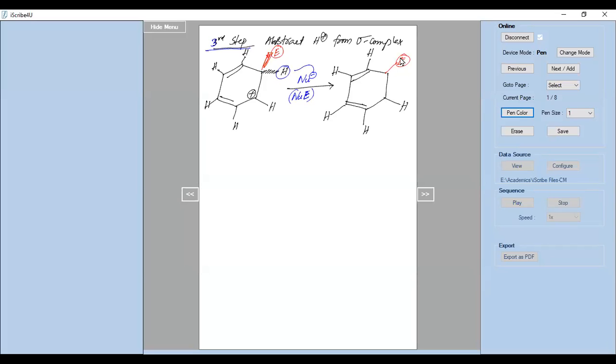So this is going to abstract the proton. This proton is going to come out, and these two electrons, one belonging to the second carbon atom and one belonging to the hydrogen atom, will form a pi bond between C2 and C3.